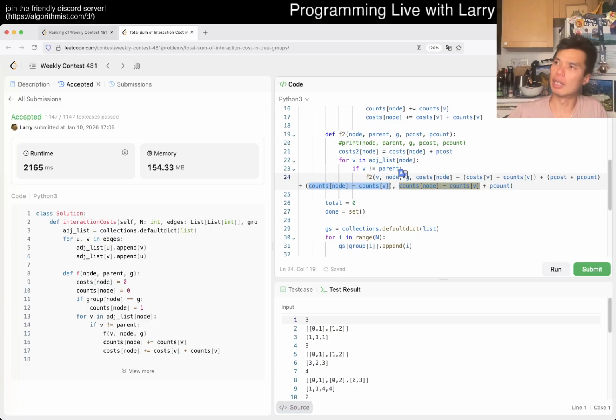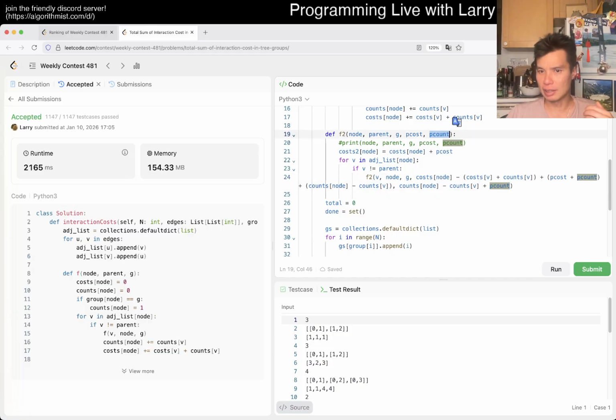This is just all the other things that are not in the parent. Once you figure that out, it's not hard. It's almost like a tricky case analysis, and I probably could have written this out to not be a one-liner. That would make things a lot easier as well.